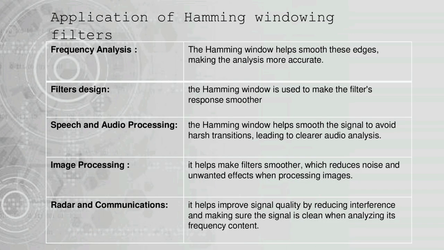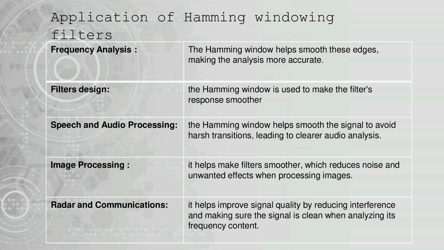Okay, next. The Hamming windowing filter has 5 main applications. Number 1, frequency analysis. It helps smooth the edges, making the analysis more accurate. Number 2, filter design. It is used to make the filter response smoother.